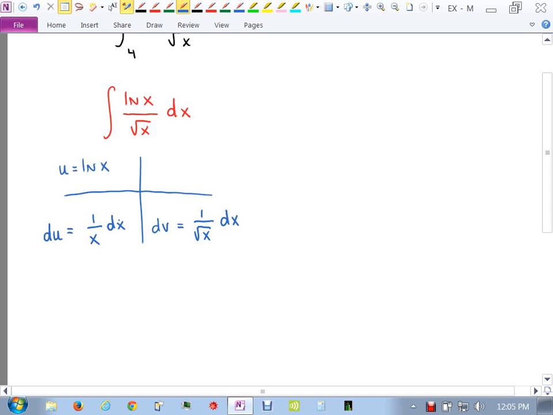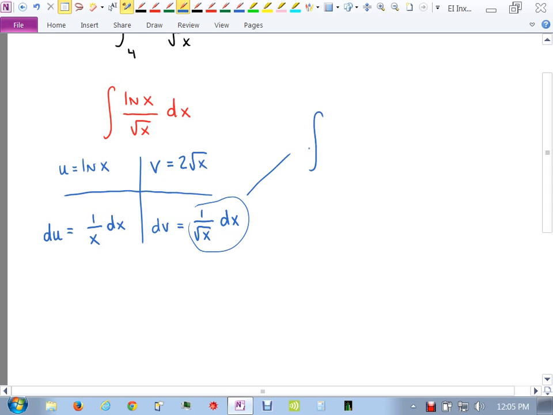du is 1 over x dx. What is v? Square root of x? Close. What's the antiderivative? 2 root x. Good. It's 2 root x. Here's why.